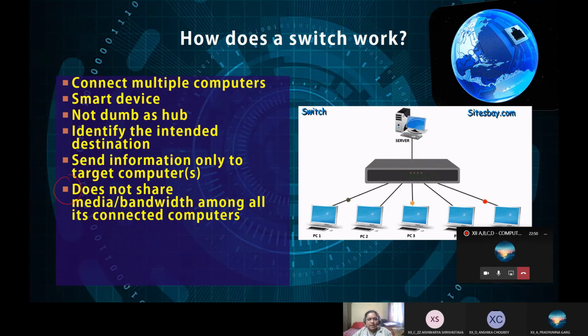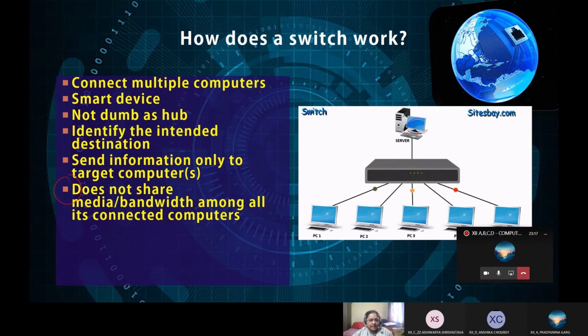So if you have taken a 10 Mbps connection, then this 10 Mbps connection would be received by each of the individual computers, rather than using a hub or a bridge which divides this speed. So if it is 10 Mbps, then depending upon 5 systems, everybody will get how much? 10 divided by 5, that is 2 Mbps only.